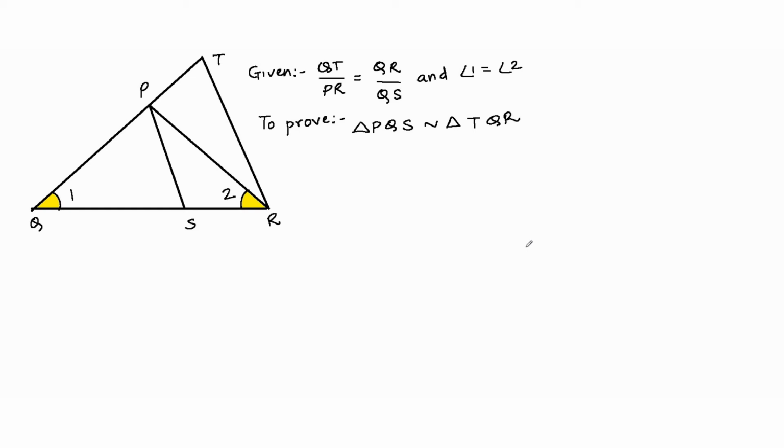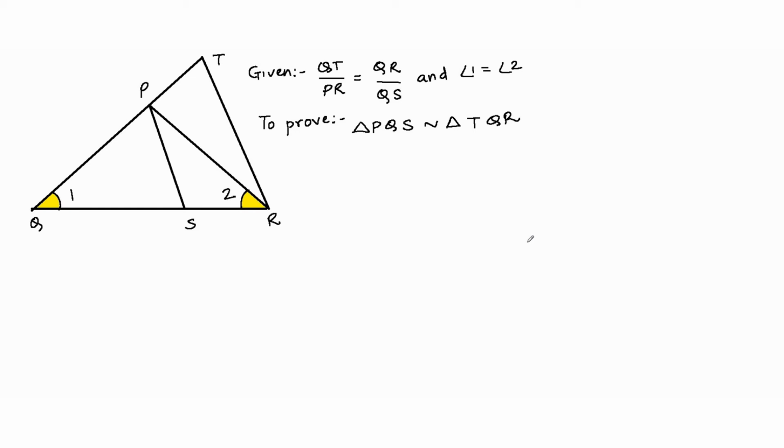So because angle 1 and angle 2 are equal to each other, it tells me that triangle PQR is an isosceles triangle in which PQ and PR are both going to be equal to each other, right? So that is something that is there on the back of my mind. I have to prove that triangle PQS is similar to triangle TQR.